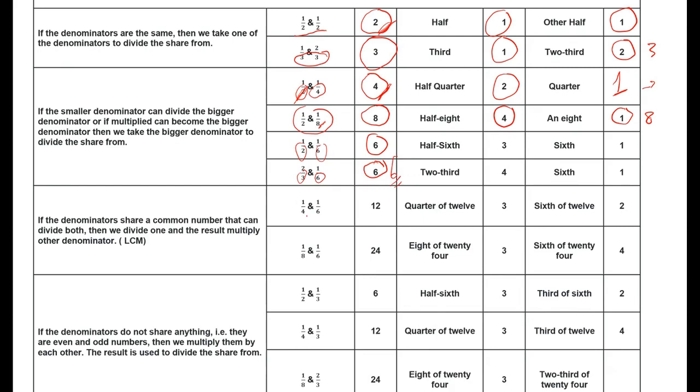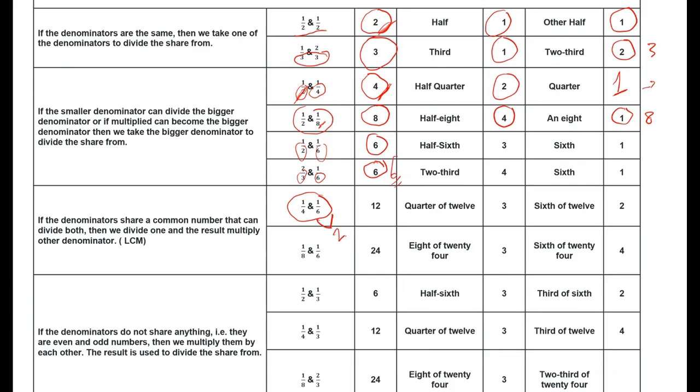If the denominators also share a lowest common multiple, they are not the same, and the smaller one can't divide the big one without having decimals. So if they share an LCM, lowest common multiple, how do you calculate it? 4 and 6 share the number 2, which can divide them both.